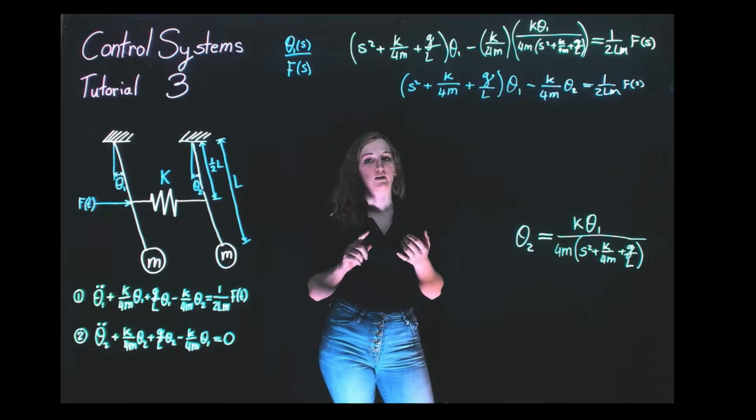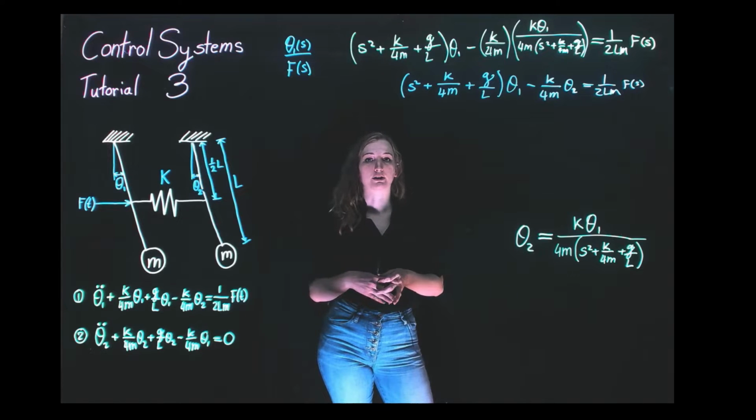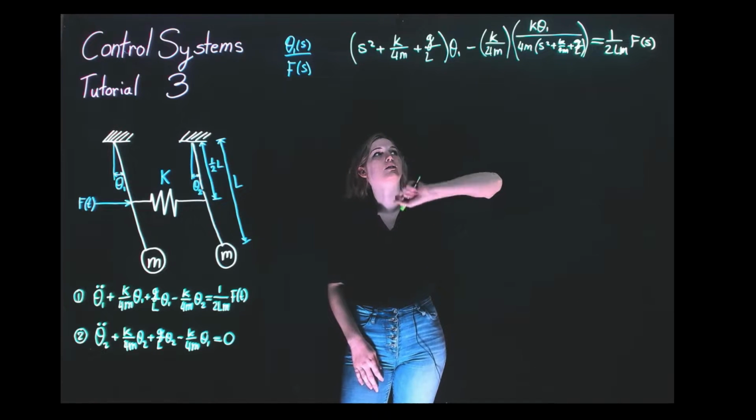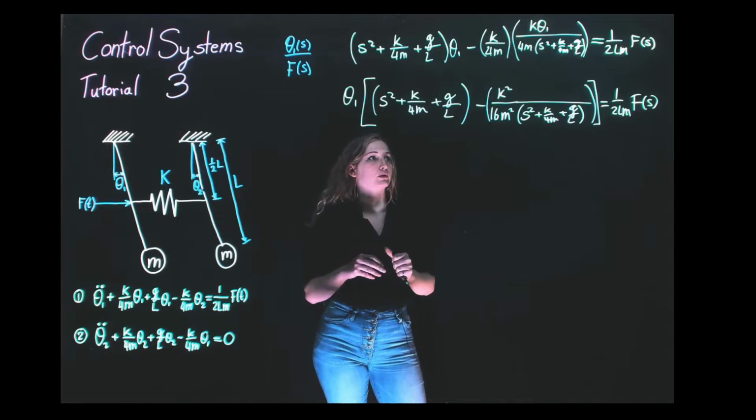Everything is in terms of either F(s) or θ1, and it looks like we can just factor out θ1 pretty simply and then move things over into the correct format. First, I'm going to factor out θ1 from both of those, and we're almost done.